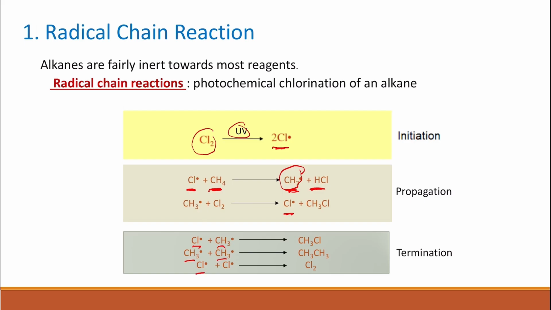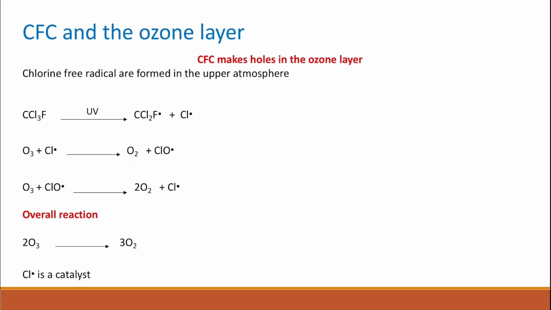The CFCs and the ozone layer: remember that the ozone layer is essential because it absorbs UV light and protects us from the harmful UV light. Chlorine free radicals are formed from CFCs in the upper atmosphere under the effect of UV light.